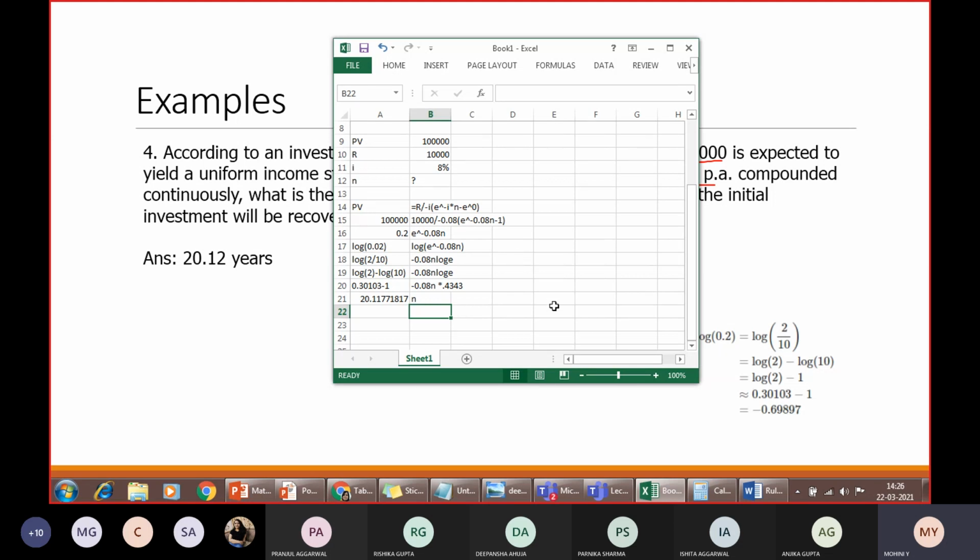And only 3 log functions will be used: power rule, quotient rule, and the product rule. Is it clear? Anyone having any doubt, please ask. No, it's clear. It's clear.